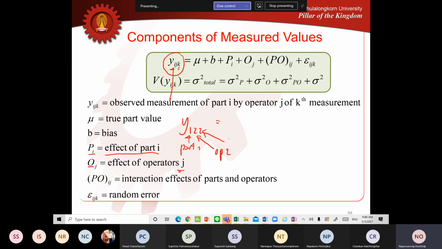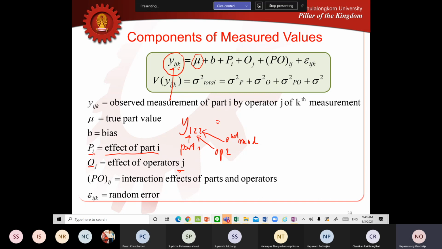So this is the second round of measuring part number 1. And mu here means the overall mean of all parts and all operators. It's called the grand mean.